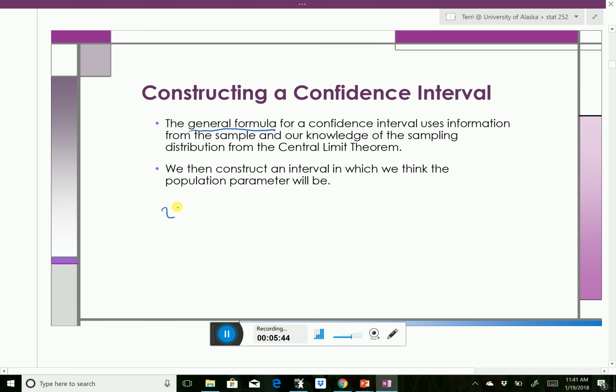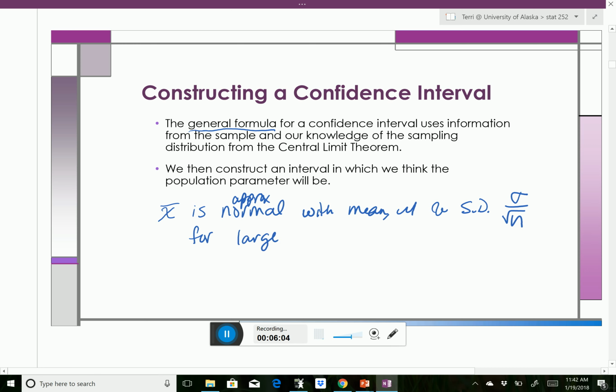So remember by the central limit theorem that x bar is normal, or approximately normal at least, with mean mu and standard deviation sigma over the square root of n for large n. And remember, what large actually is depends on the distribution of x.